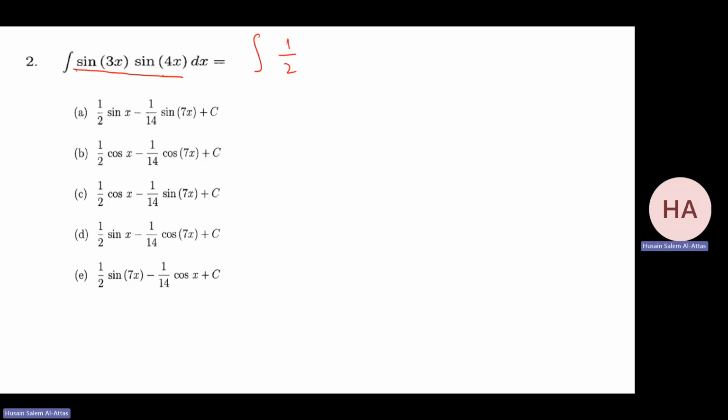Now I'm just rewriting it: half of cosine of the difference, 3 minus 4, which is minus x, minus cosine of 3 plus 4, which is 7x, dx.